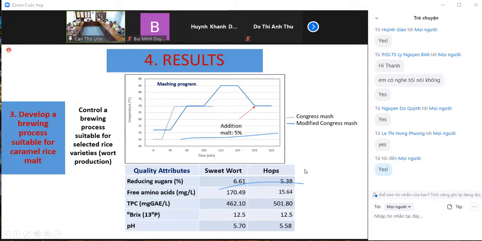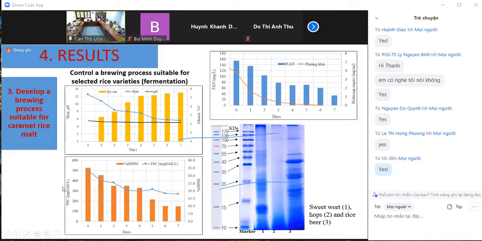The next, after boiling with hops, the wort is fermented at 15 centigrade degrees for 4 or 5 days. This wort gets about 5% alcohol volume.